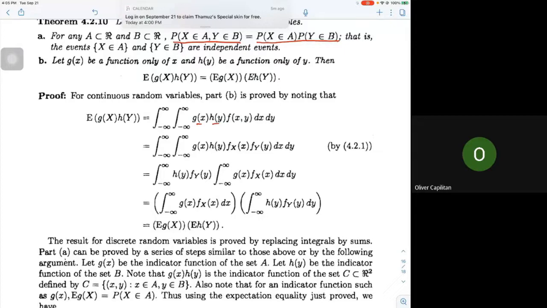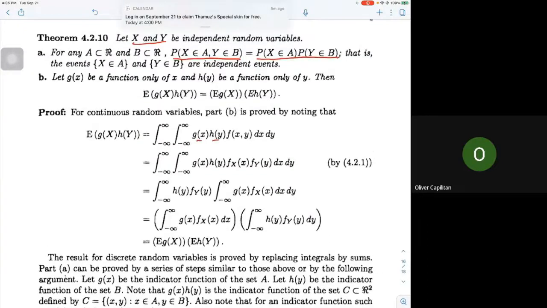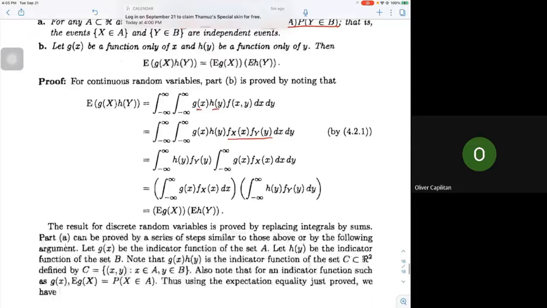And then since we know that x and y are independent, we assume that, the joint is equal to the product of the marginals. Since g of x is a function of only x as well as h of y is a function of only y, then using the property of integral, we can have this product of two integrals.